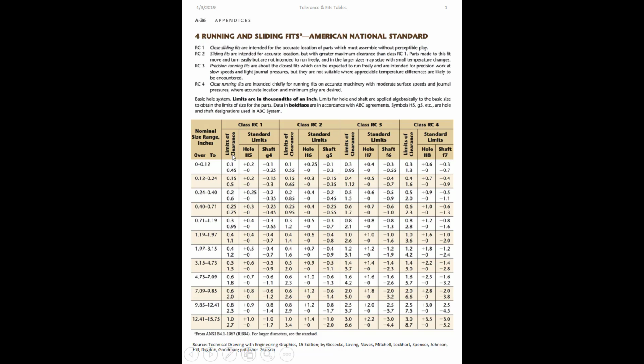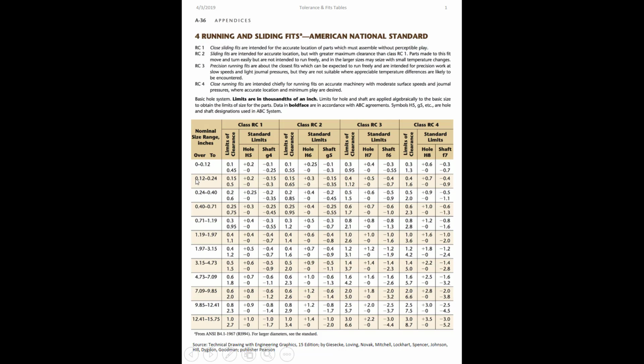And the same thing for the limits. The limit is the space between the hole and the shaft. That's the limits in between. Also it says over 2. So if I have a hole diameter that is exactly 0.12, then I'm going to take this row here because it says 2 and over.